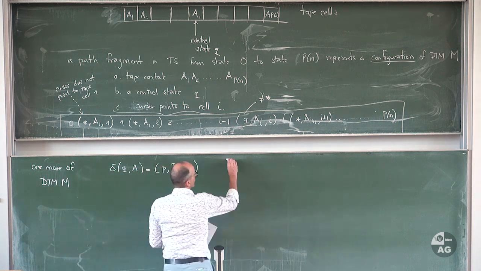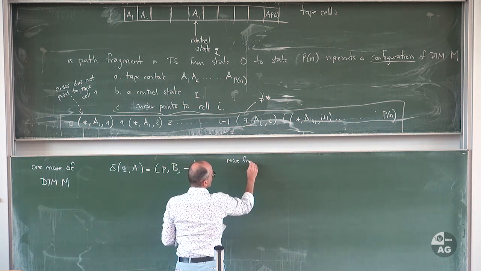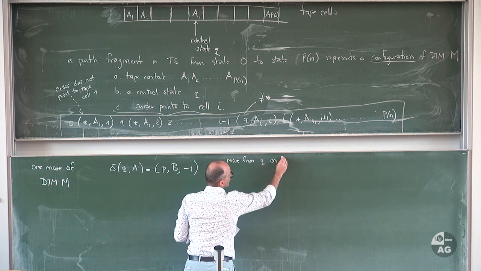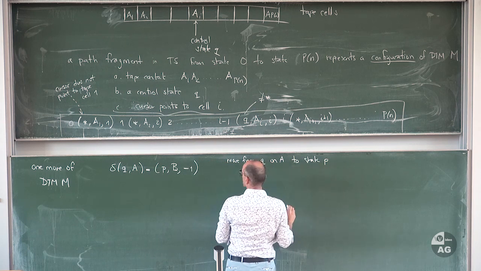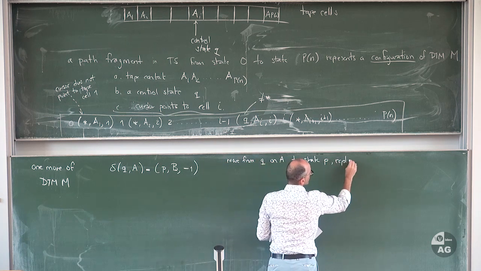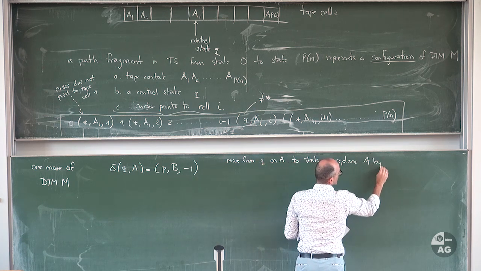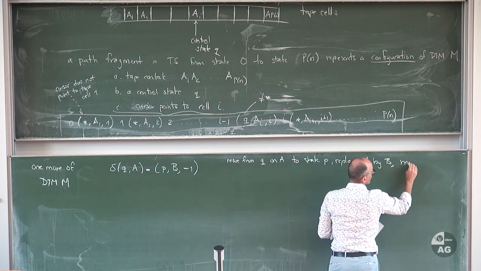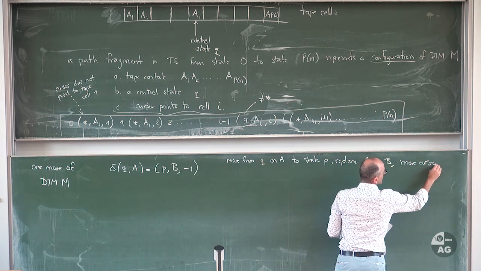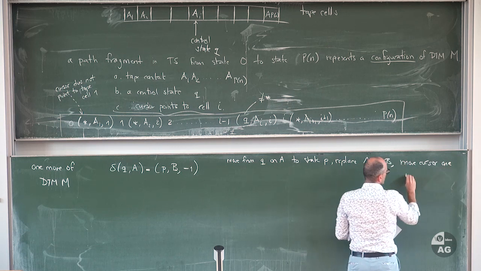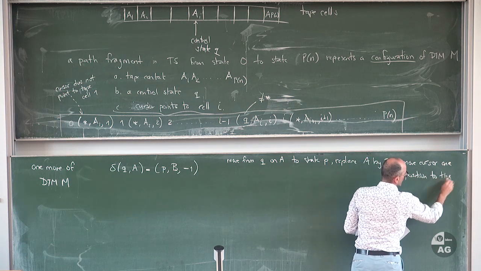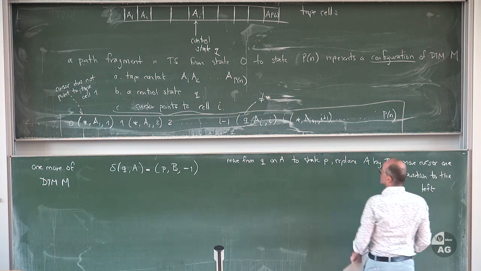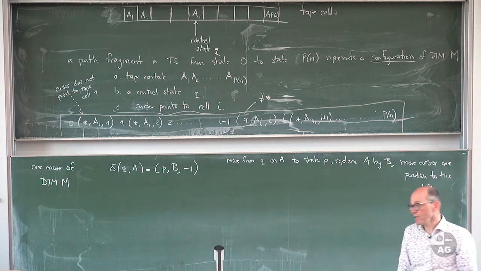So: move from Q on A to state P, replace A by B, move cursor one position to the left.